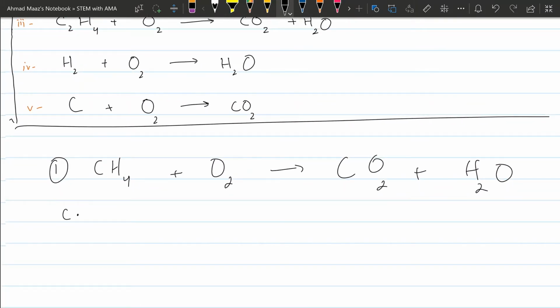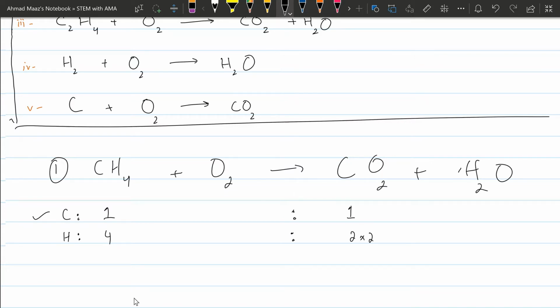Let's start with carbons. We have one carbon on the left side and one carbon on the right side. Carbons are balanced. Next we have hydrogen. We have four hydrogens on the left side and two hydrogens on the right side. You know what to do with this.